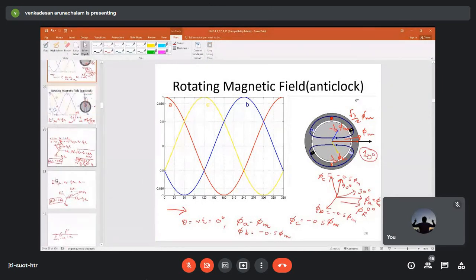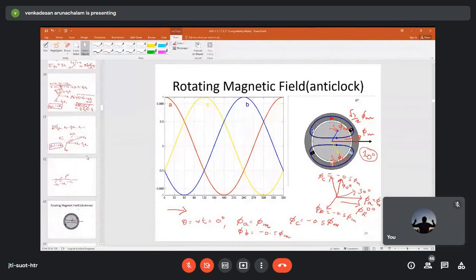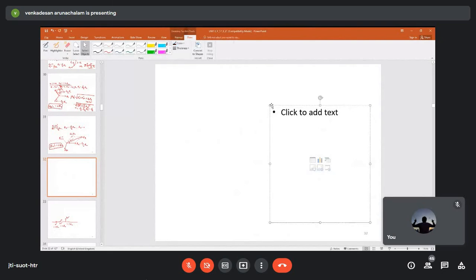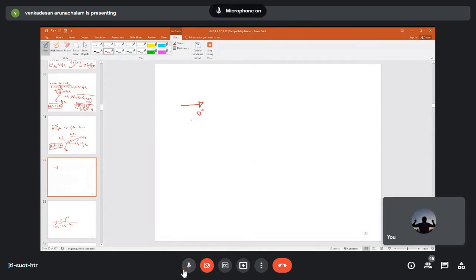It is like this. Am I right? So, if you draw the direction for 0 degree, what is the direction you are getting? This is the direction for 0 degree. Am I right? Yes or no? Magnitude is 1.5 times of phi m. For 90 degree, this is the direction. Am I right?